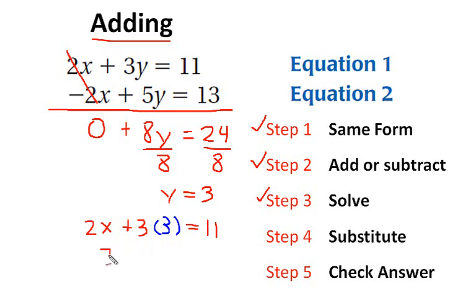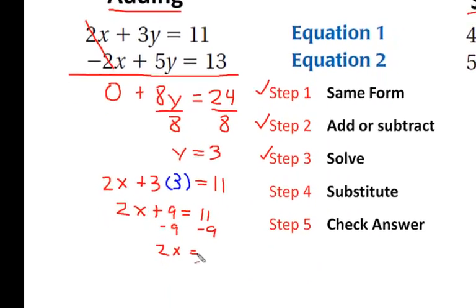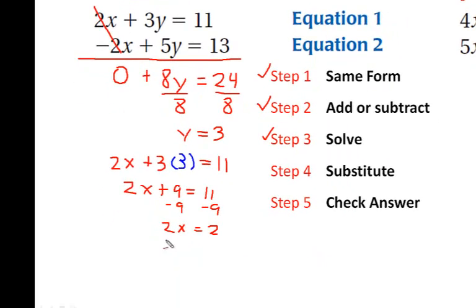So I have 2x plus 9 equals 11. Subtract 9 on both sides. 2x equals 2. Divide both sides by 2. X equals 1. So that was step 4.